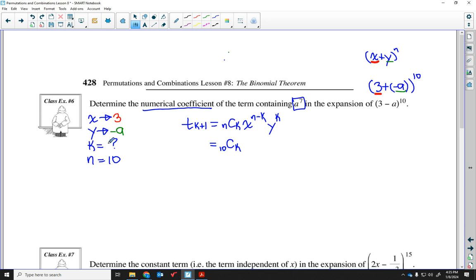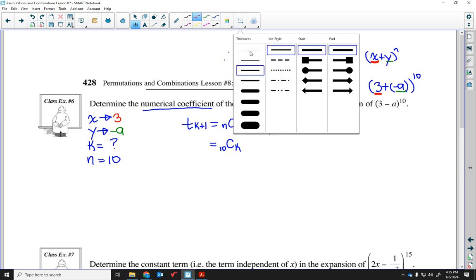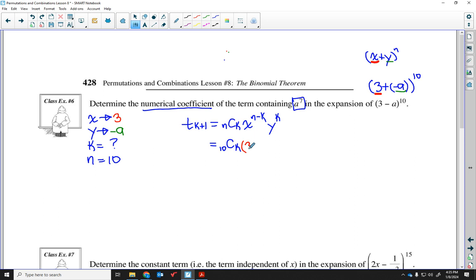It's not x here, it's 3, so I'll substitute that in brackets. So x is 3, all to the power of n minus k, which is 10 minus k. And it's not y, it's negative a, so we'll write down negative a and then all to the power of k.